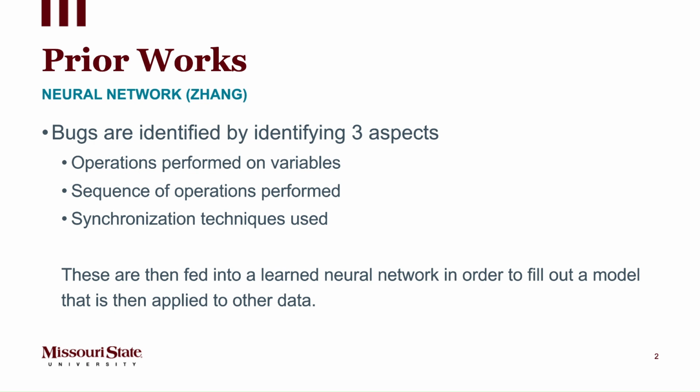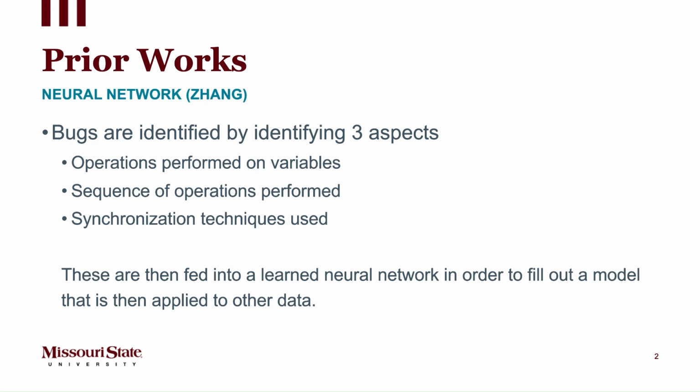The second aspect we need to know is the sequence of these operations being performed. That way we can know ahead of time whether or not something will happen that will make the variable inaccessible to other threads while the code is running.